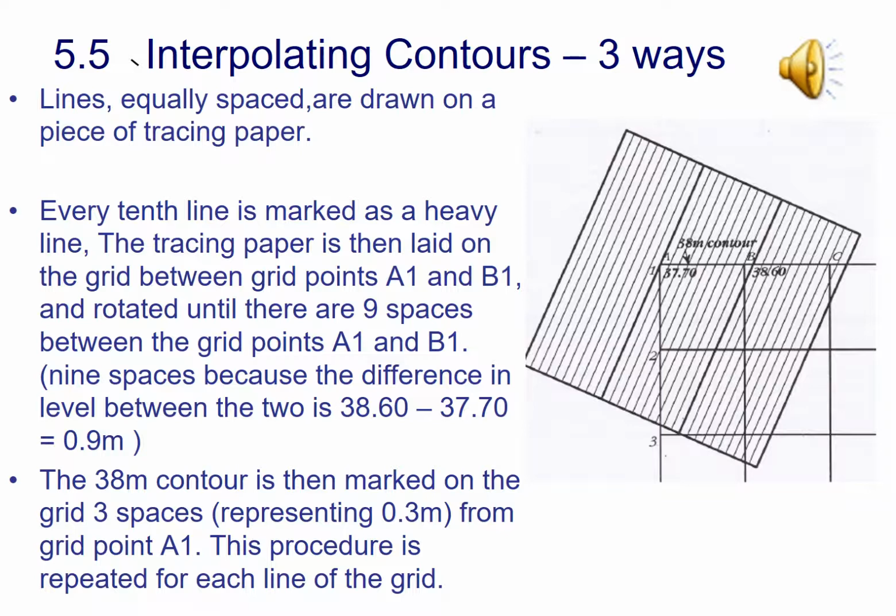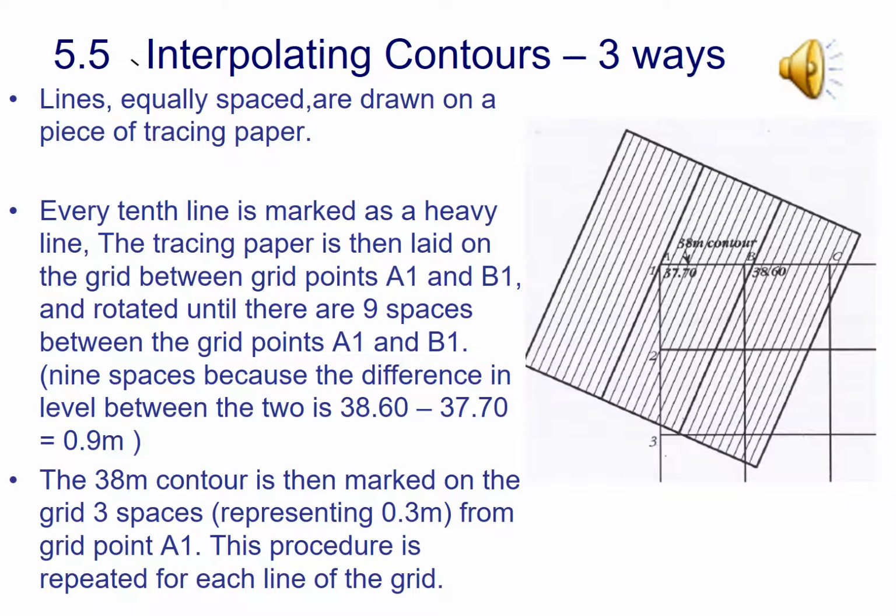Now, if I go back to the first suggestion I had in terms of estimation, by looking at that, I can tell that the line should be much closer to A, because it's only 300 mil to go from A1 up to 68 meters, and it's got 600 mil from B1. So in terms of elevation, I know I'm going to be closer to A1.